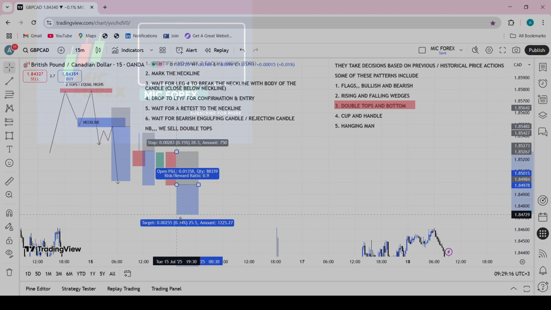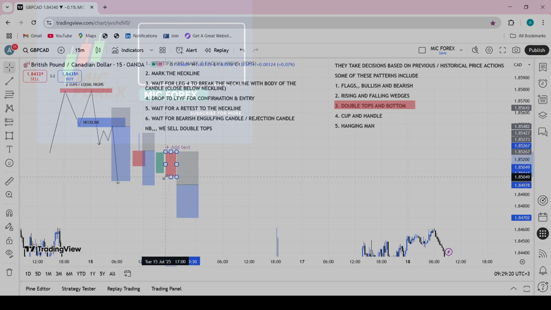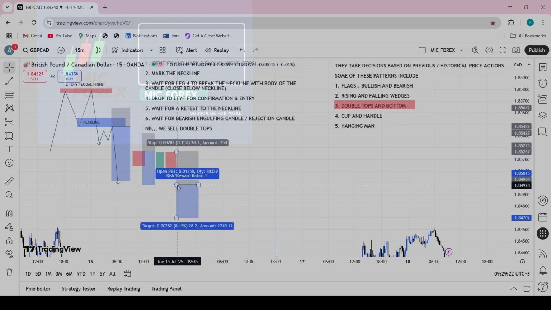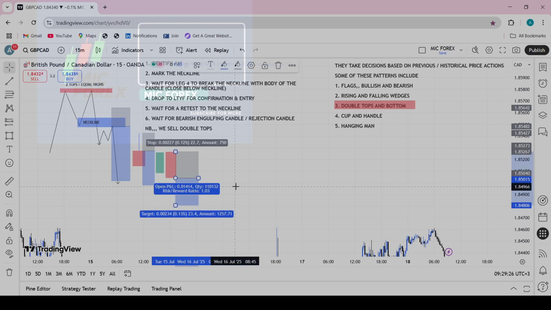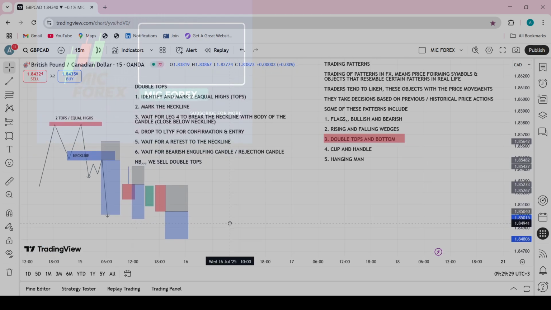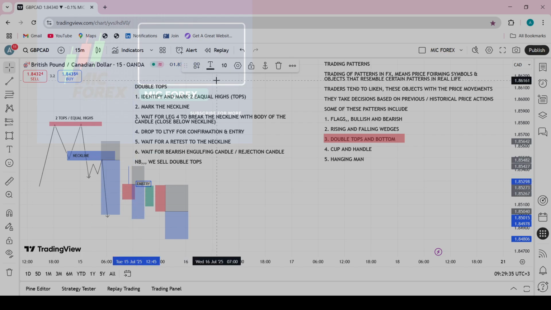Then you target down there. You target fairly down there. Let me engulf this there so that we can have higher risk to reward ratio in the illustration. Something like that. So this is your entry. You enter here. Entry.